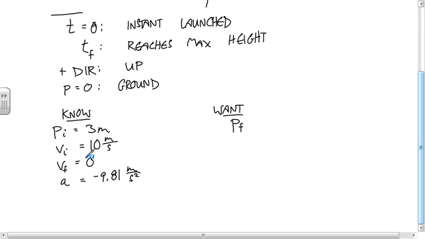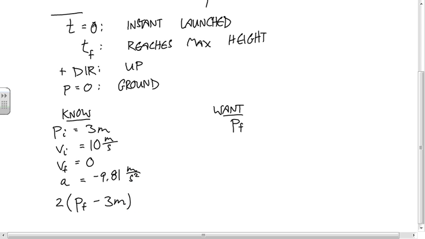So I think the equation that works with these is, I think it's the only one we've used so far, but, well, we used one other one once, but it's the 2a times the quantity pf minus pi one. So we have 2 times, p final is unknown, minus p initial.